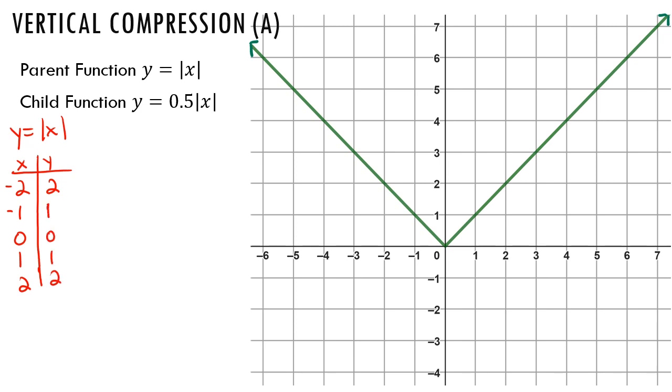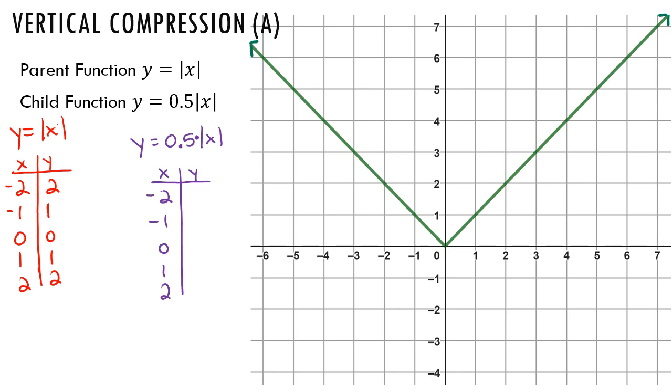So if I do the child table, once again, nothing's inside the absolute value but the x, so I can leave my x values the way they are, and the y values are going to change. Once again, this is referring to multiplication, so this is 0.5 times the absolute value of x. So with any number that I put in, I'm multiplying it by a 0.5.